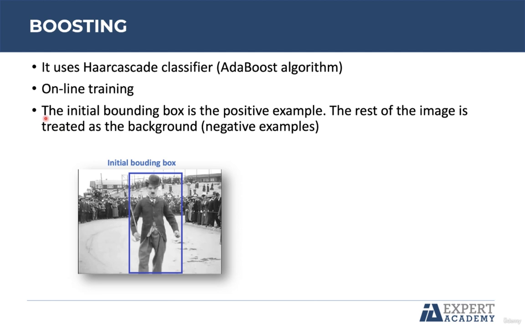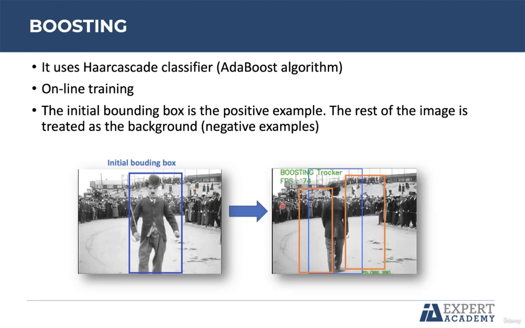We can read the definition here. The initial bounding box, this blue bounding box here, is the positive example, and the rest of the image is treated as the background, the negative examples. We can consider that this image is the first frame of the video, and this one is the second frame, in which the person has his back turned.